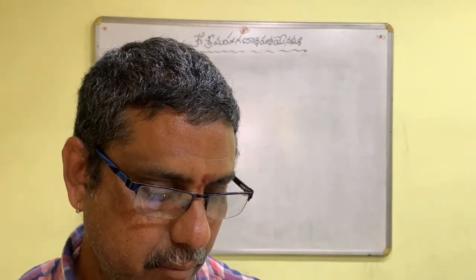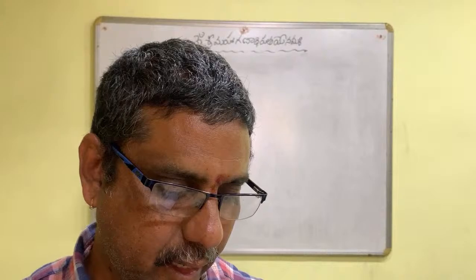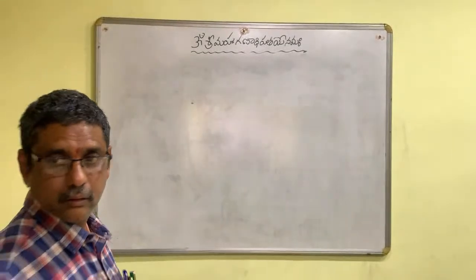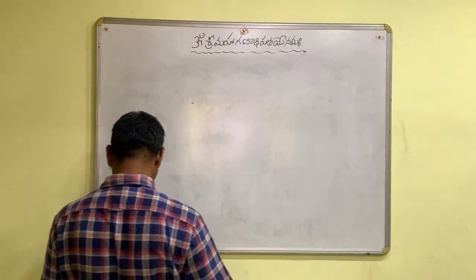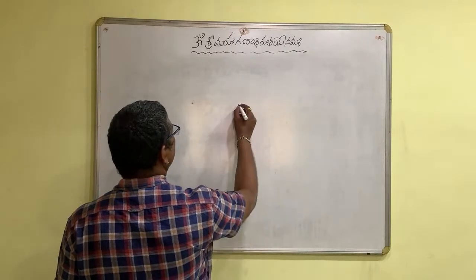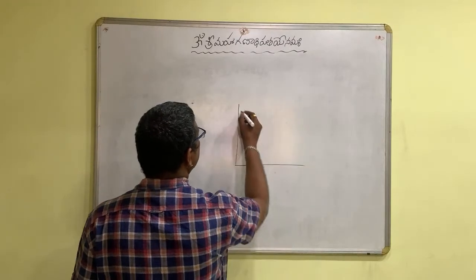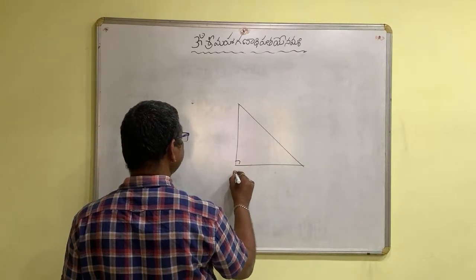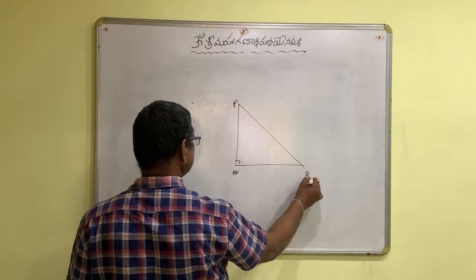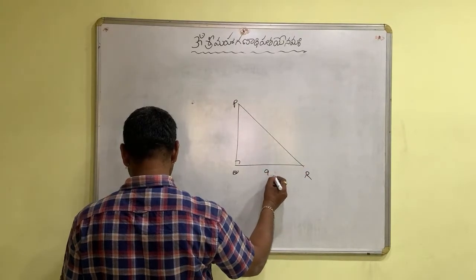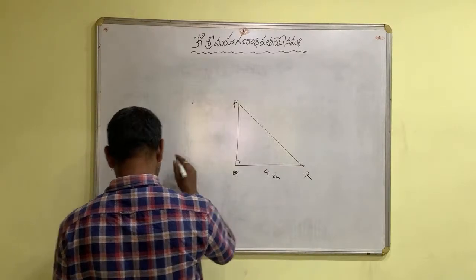In the given triangle PQR, right angled at Q, QR is 9 centimeters.